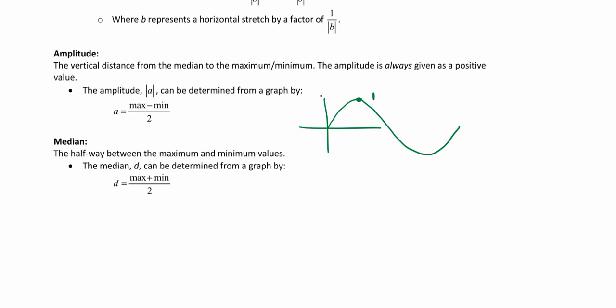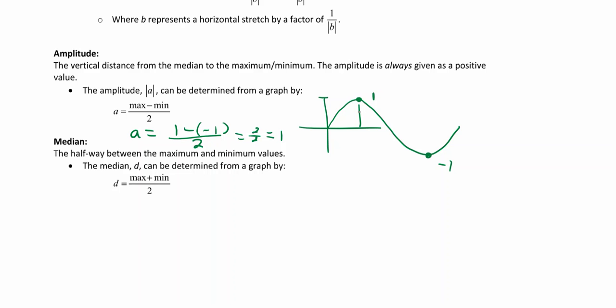It comes up to 1 and then goes down to -1. Then this would be A equals 1 minus -1 divided by 2, so that's 2 over 2, which is 1.